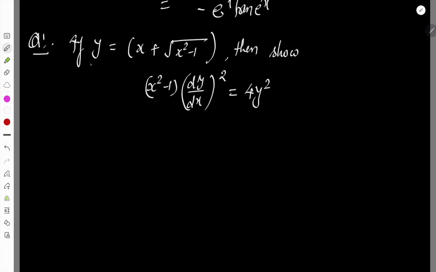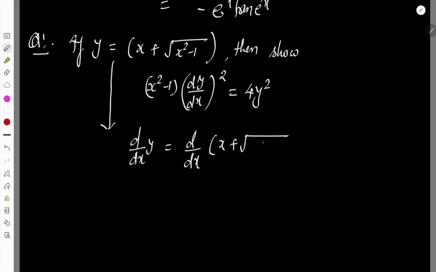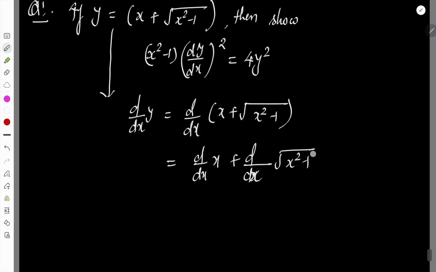So you do one thing, take the derivative of this with respect to x on both sides. So it will be d by dx of y is equal to d by dx of x plus root of x square minus 1. So it is equal to derivative of x plus d by dx of root x square minus 1.